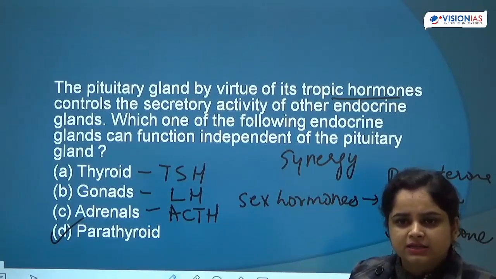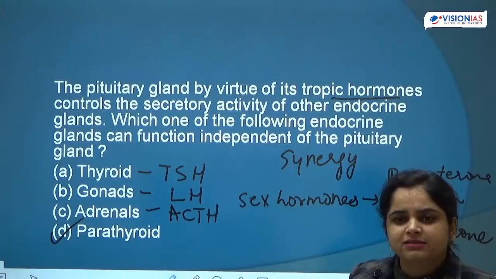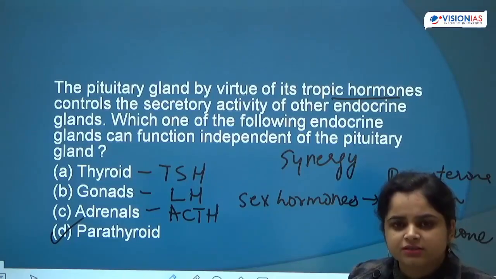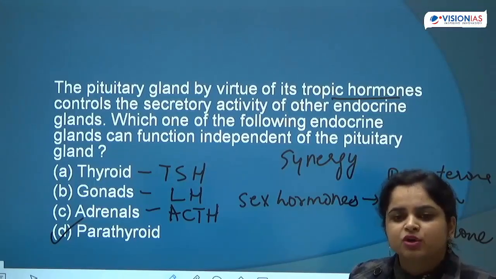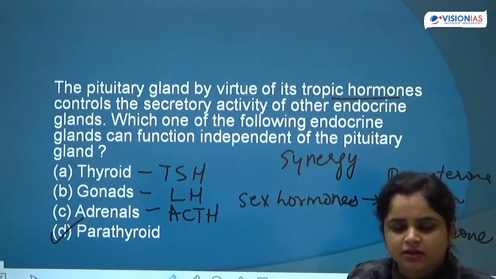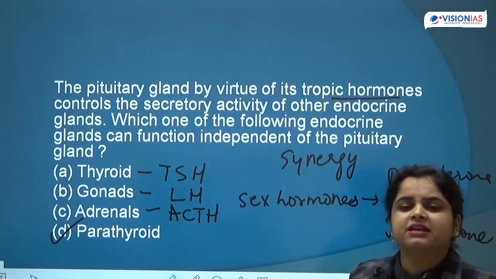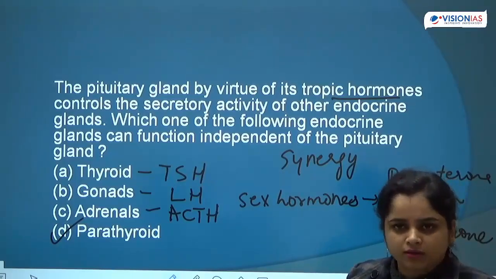Saad has asked, what is the difference between diabetes insipidus and diabetes mellitus? So, diabetes insipidus and diabetes mellitus are entirely different diseases because of the different hormones which are involved. Diabetes insipidus is because of deficiency of ADH. ADH's job is to cause reabsorption of water from the kidney, right?